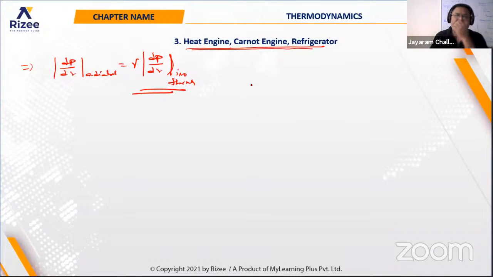This is the one, and always gamma will be greater than 1. This is another important condition that we need to remember.